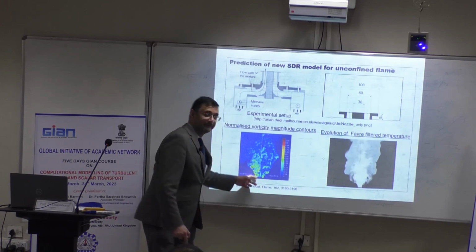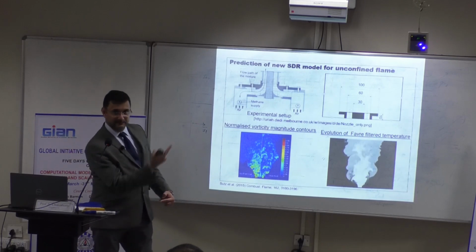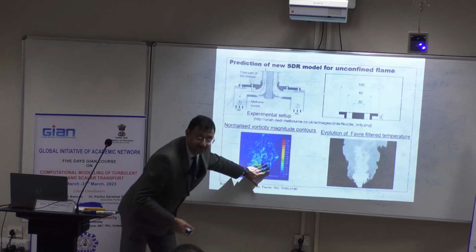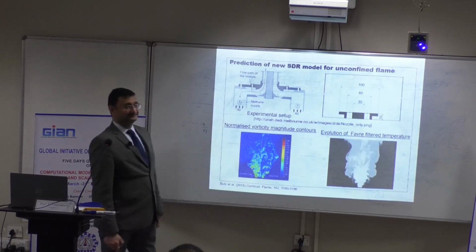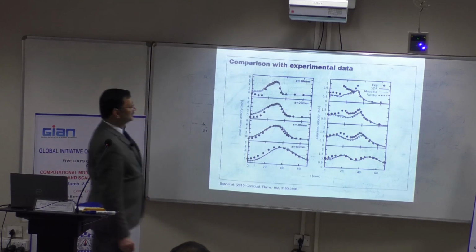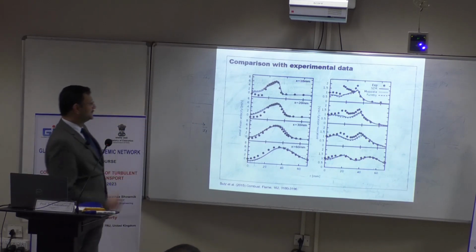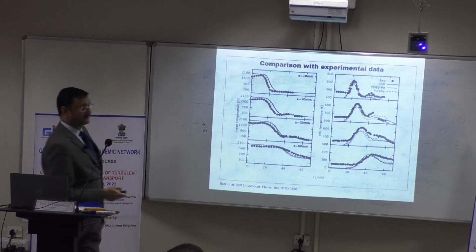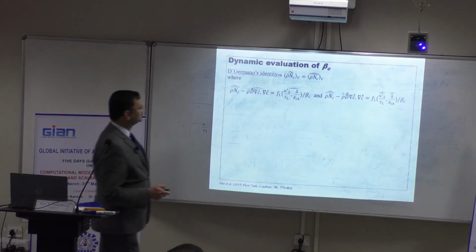In this case, you will have a precessing vortex core which basically moves like this. That is completely gone here. Okay? Predictions. I think reasonable predictions of axial mean velocity, mean temperature, RMS temperature as well.